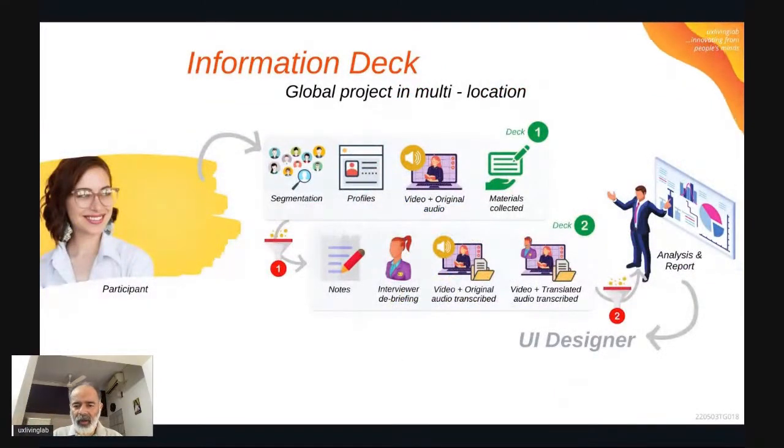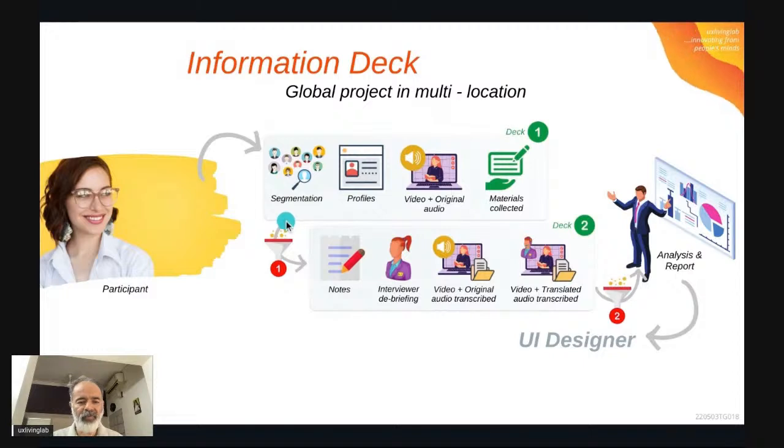Coming back, I'm passing through a quick view of what we discussed last week. That is the information desk for a global project in multi-location. When we conduct global projects in multi-location, the information will be filtered, as we discussed last week.